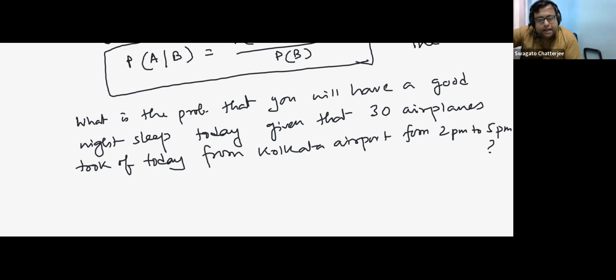What is the probability that you will have a good night's sleep today, given that 30 airplanes took off today from Kolkata airport from 2 p.m. to 5 p.m.?